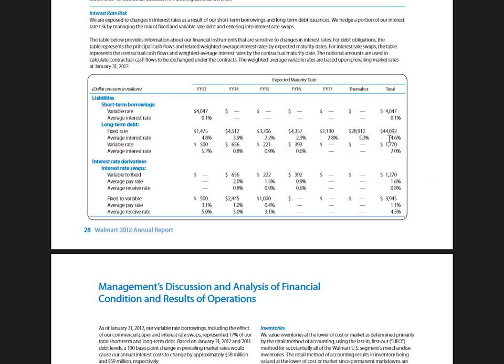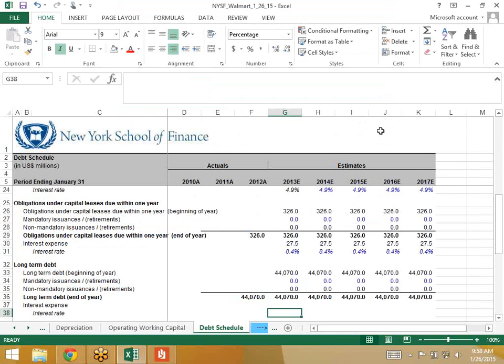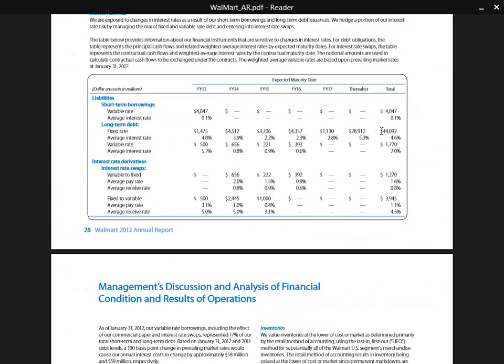So what I did was I said, well, if the balance was 45.7 billion, what's the blended interest rate? And I'm just going to apply that blended interest rate to my 44.070. So I backed into what the implied interest rate would have been if my balance was actually 45.7 billion.